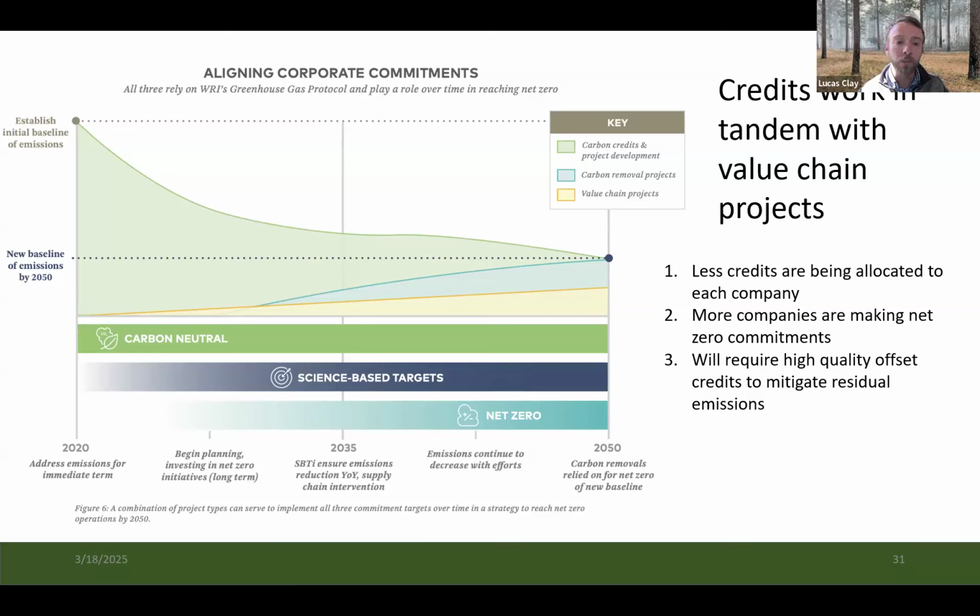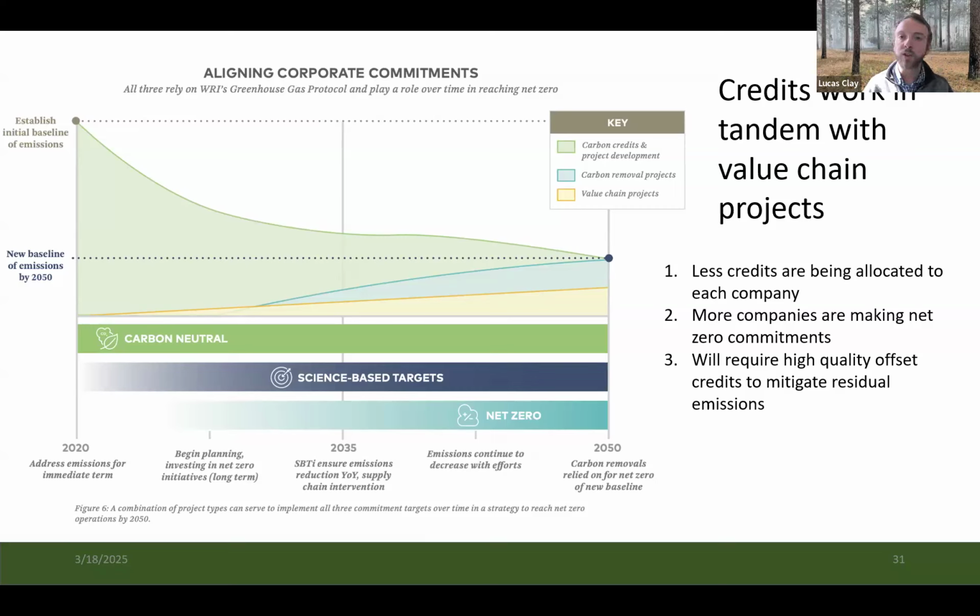But there's a reason why in initial stages they would want to purchase carbon credits. If you're going to achieve carbon neutrality, the easiest way to do it would be to start with purchasing carbon credits. And you see that here in the 2020 on the left side of this graph. As you're identifying your emissions, companies are purchasing a lot of carbon credits so they can get to carbon neutrality very quickly. But as they increase their value chain projects, so that's the blue and yellow areas of the graph there, as they increase those projects, they're not going to need to purchase as many credits.